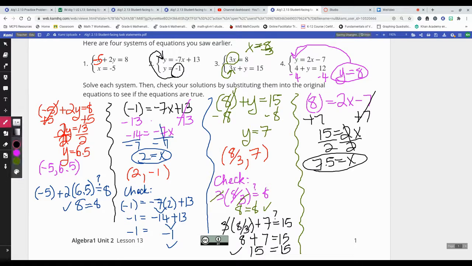So if we were to graph these, the lines would intersect at 7.5, 8.